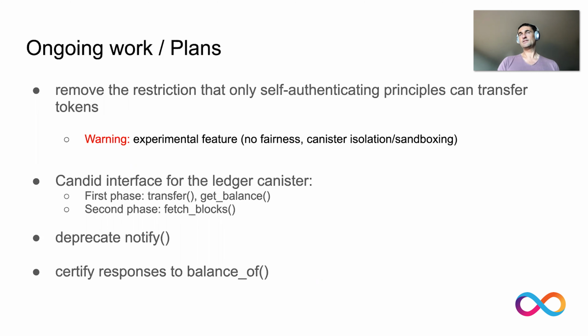One is a security issue. The other one is an availability issue. The security issue is that we really need to make sure that canisters cannot impersonate other canisters. If I have a canister that manages ICP tokens, we really need to ensure that no other canister can impersonate or tamper with the execution of this canister.